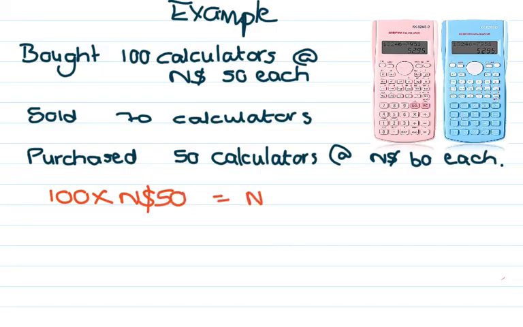So the value is then 5,000. So this is my value of stock.